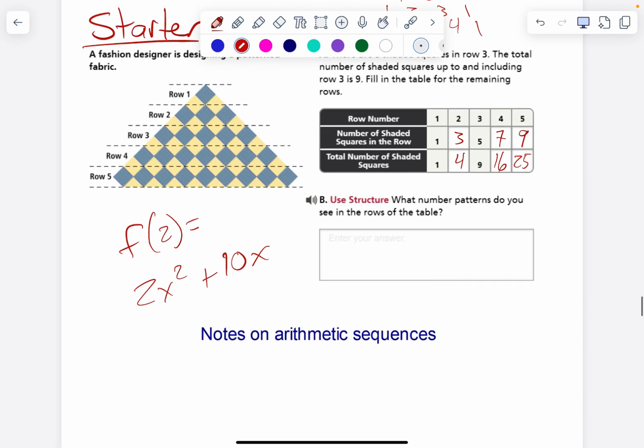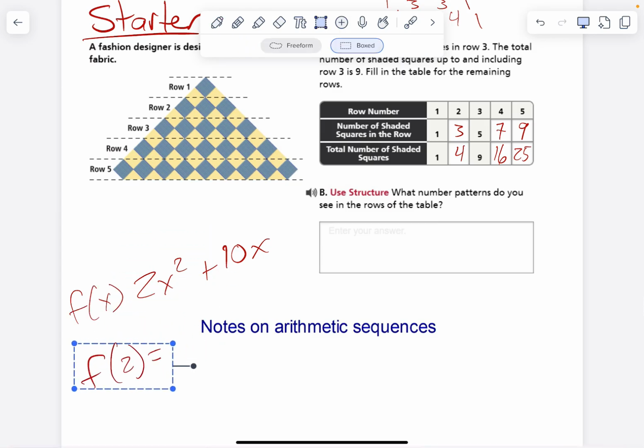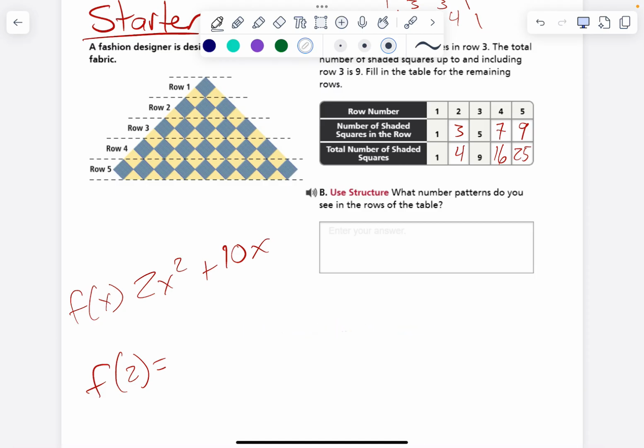Don't shout this out, but what is f of 2? Please. Don't shout it out. Just raise your hand. I'll call on you. I'm going to move that while you're thinking. What is f of 2 for f of x given there? All right, I have a hand up, 2 hands.